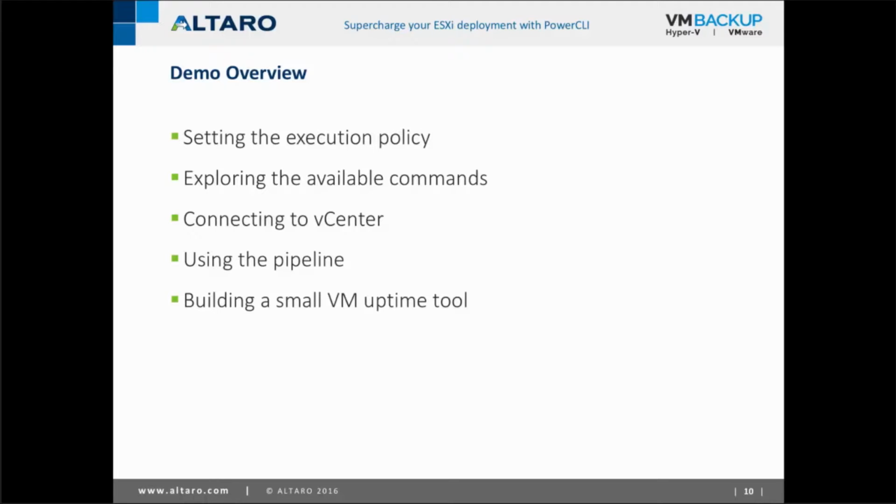And then finally, I'll show you how we can use PowerShell's pipeline ability to pass around VM objects to do a few things. And then we'll also package all of that knowledge up, and I'll show you how to build one of these small tools that I was telling you about earlier to easily find the total uptime of all your VMs on a host. All right, so now let's go over to the demo here, and let's hope the demo works.